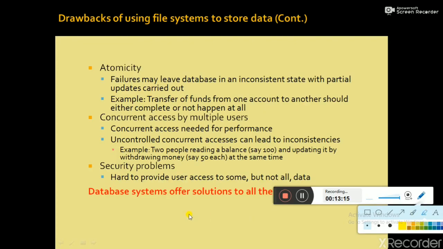Suppose a customer has an account A and another account B. So this is account A and this is account B. Suppose account A has 1,000 rupees and account B has 2,000 rupees.